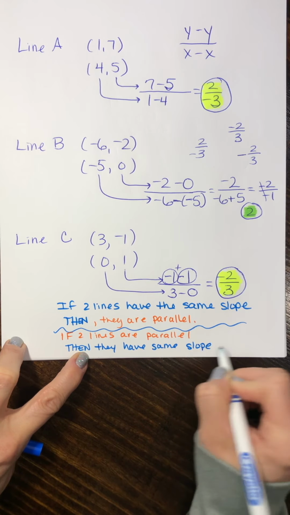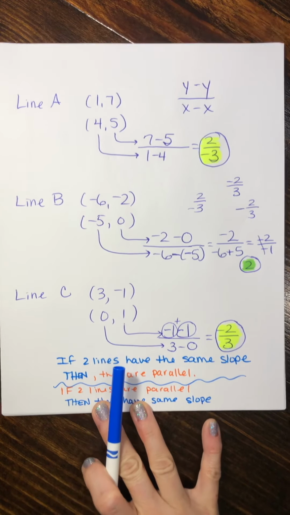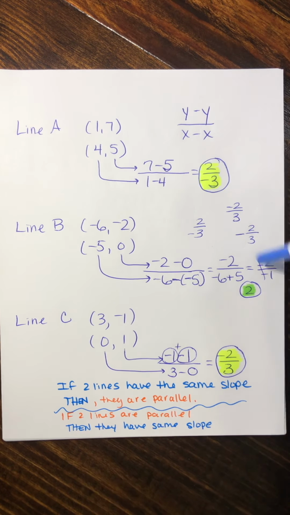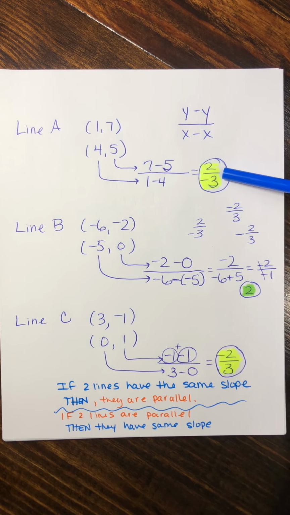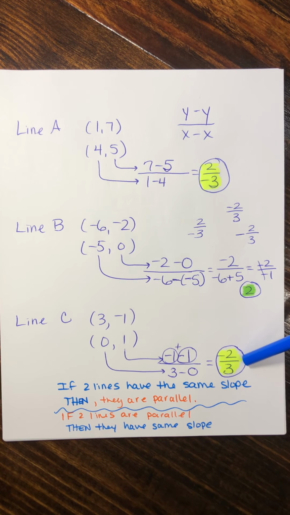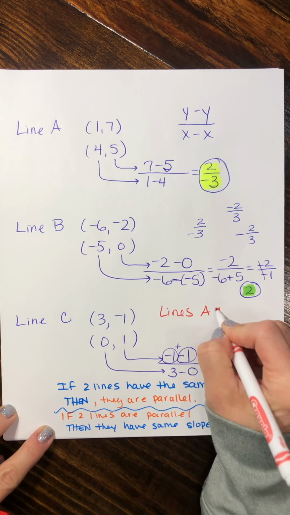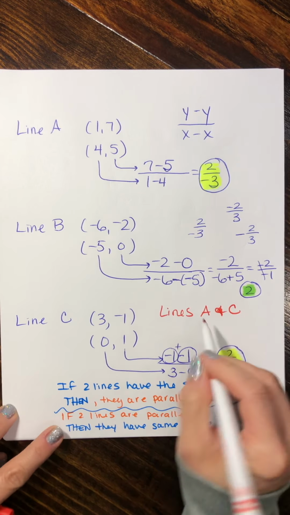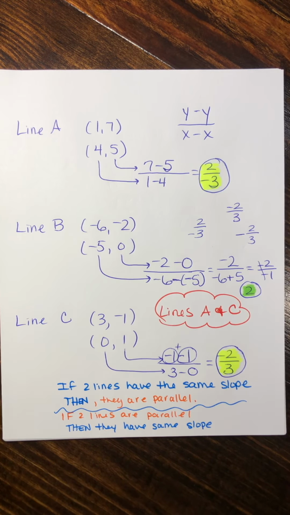I just said the same thing two different ways. So what I need you to understand is if I give you 3 lines to plot, you don't even really actually need to plot them. You need to just find their slope using that formula. And if they are the same, then you will tell me, yes, they are parallel. So if I were to say which lines are parallel, you would say lines A and C are parallel to each other because they have the same slope, but B is not.